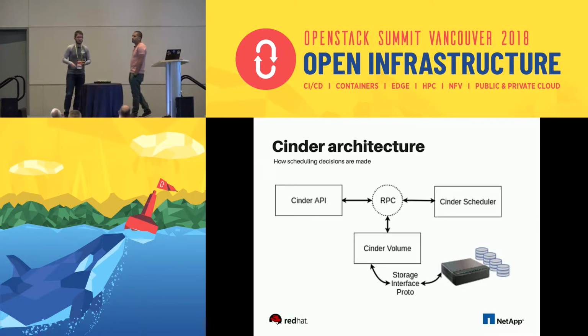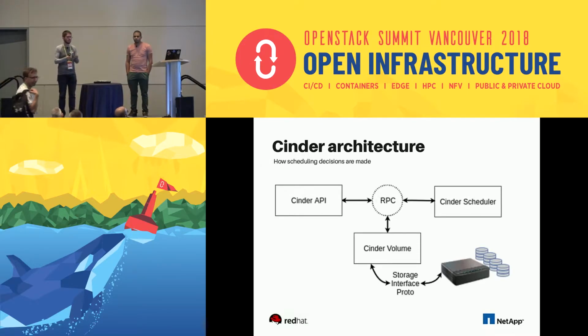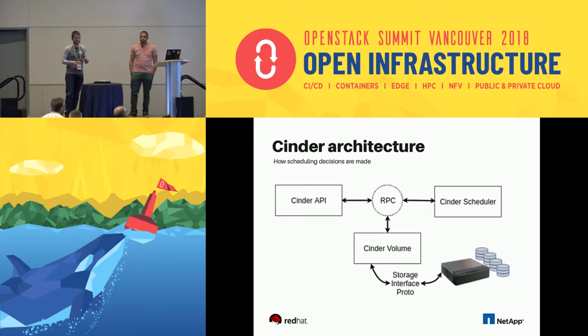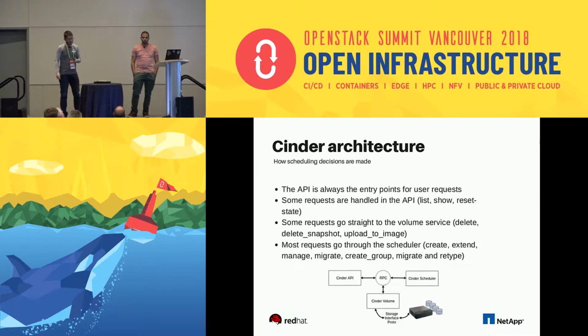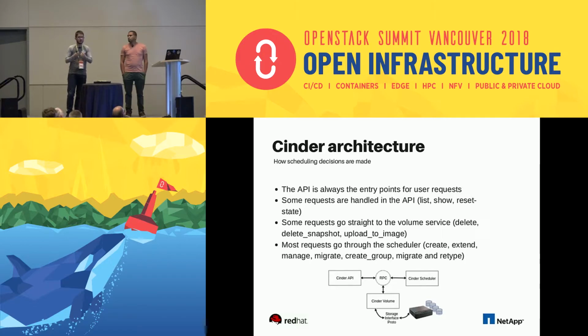And we have the Cinder volume, which is responsible for actually making those operations on the storage devices through the driver. And all these three different microservices, they all talk by RPC requests. So the API is the entry point for all the requests. So all requests that you make for Cinder, they all go through the API first.